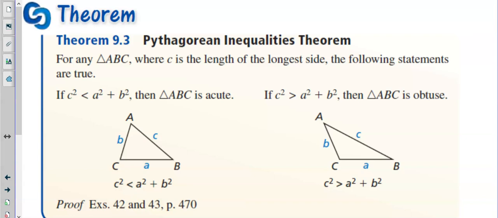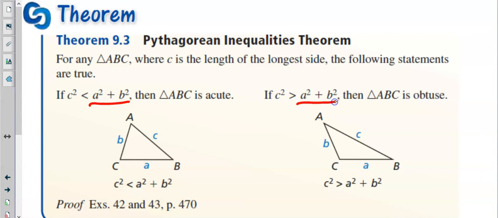All right. Pythagorean Inequality Theorem. For triangle ABC, where c is the length of the longest side, the following statements are true. If the legs squared and added together is bigger than c squared, it's an acute triangle.